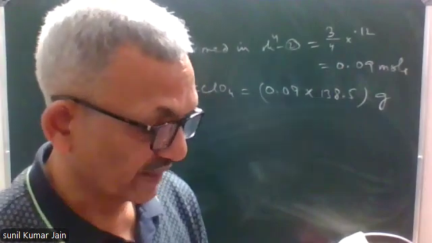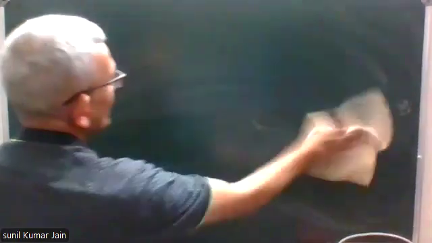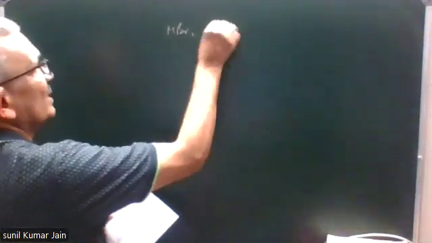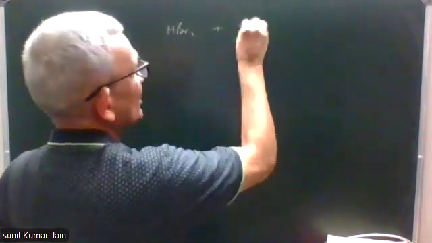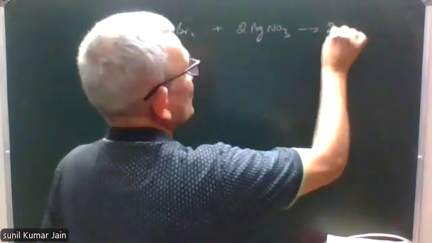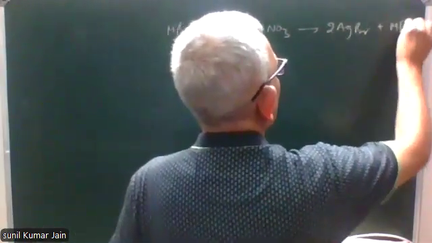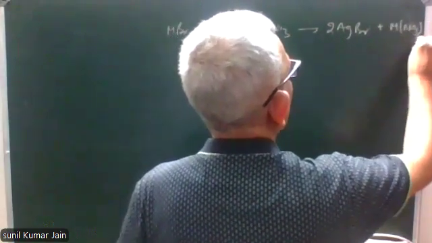Third numerical. I'll write the equation again. MBr2 plus 2AgNO3 gives 2AgBr plus M(NO3)2.